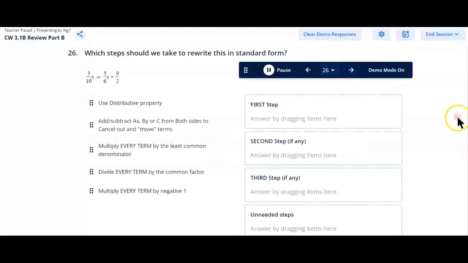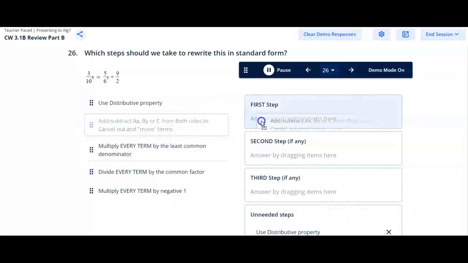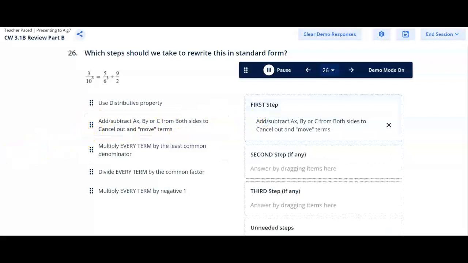Number 26. Do we need to use distributive property? No. So that is an unneeded step. Do we need to move terms? Yes. So that should be our first step, even before we multiply times the common denominator.